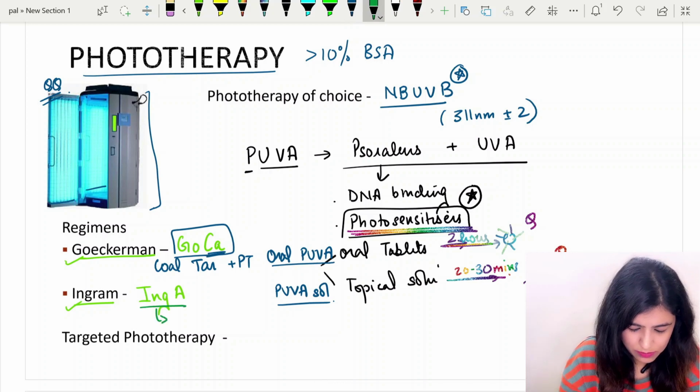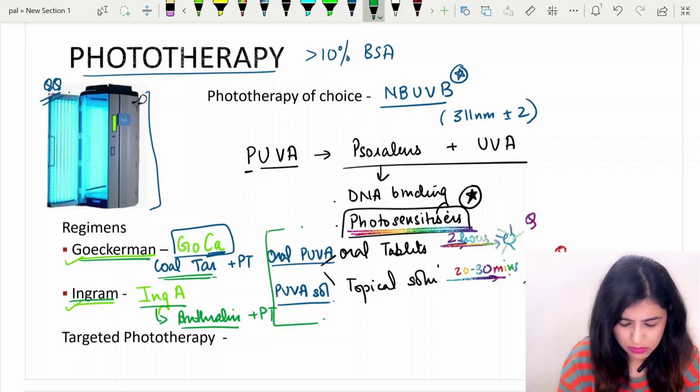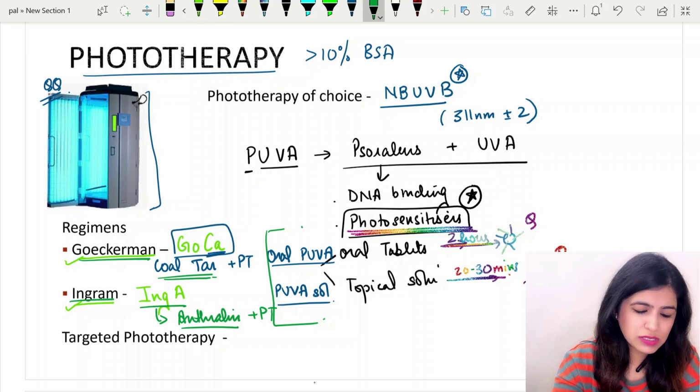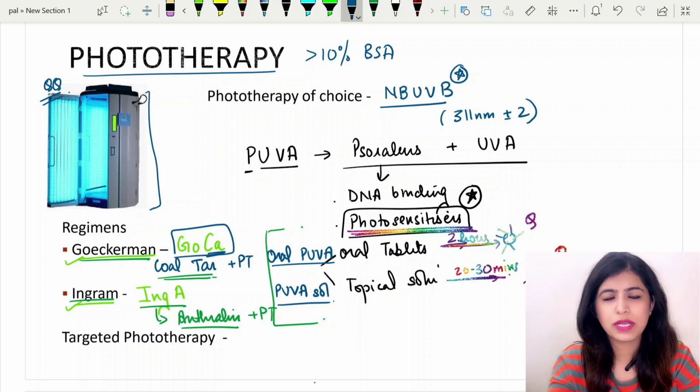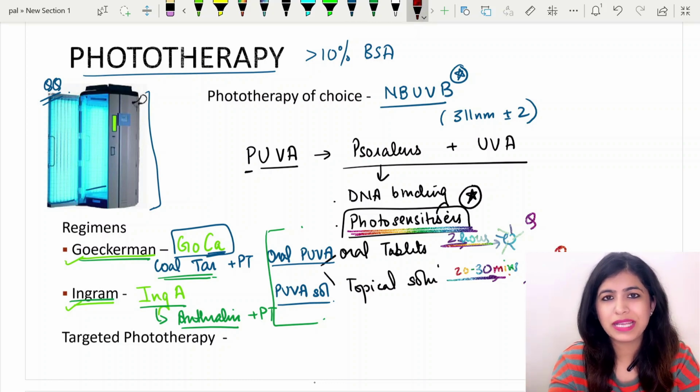In Ingram regimen, you use A, which is anthralin. So we use anthralin plus phototherapy. Clear to everyone? Goeckerman regimen, the drug used is coal tar. Ingram regimen, the drug used is anthralin. Then in some patients, if there are resistant lesions which are not responding to routine phototherapy, you can't continually keep putting them in the chamber, expose the entire skin to the treatment.